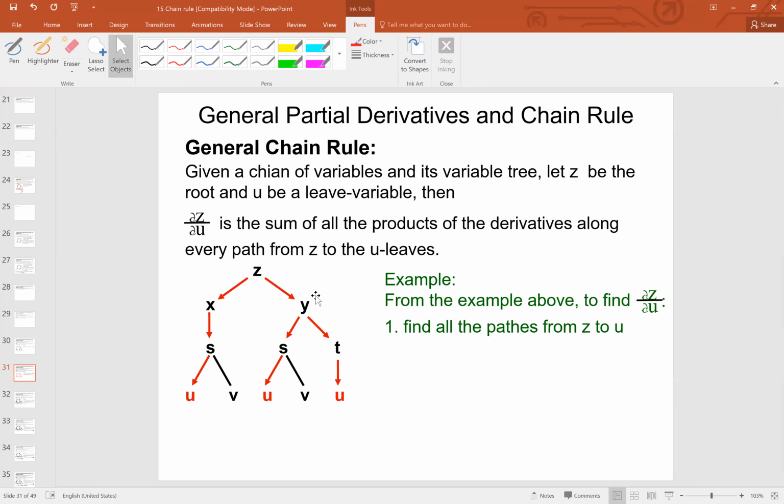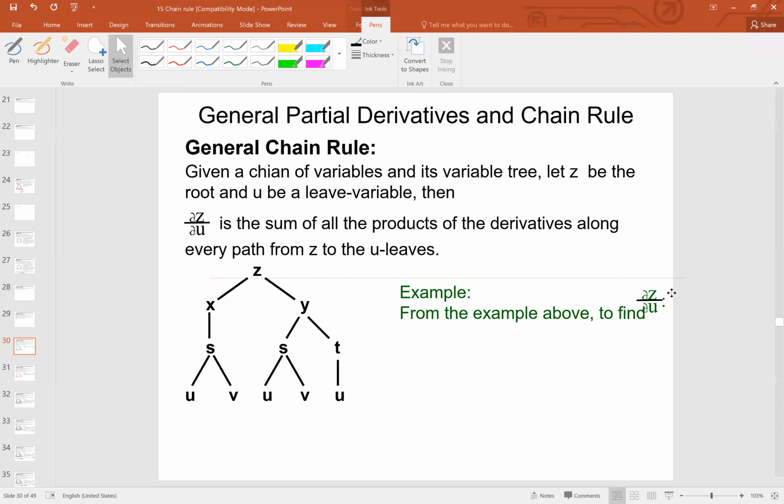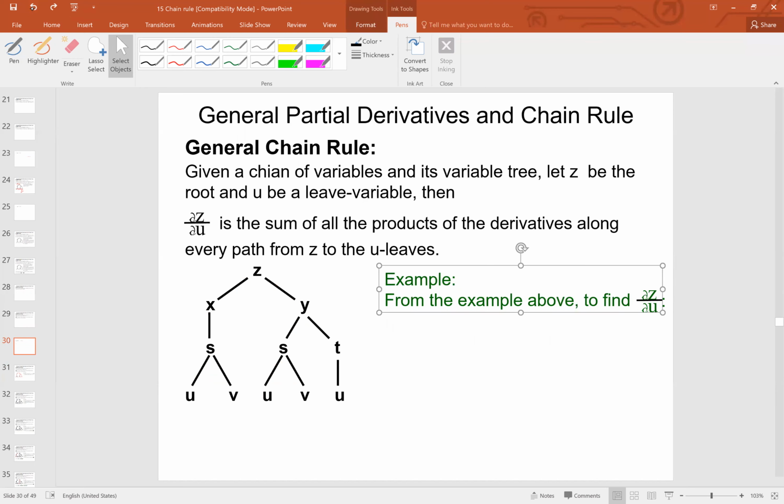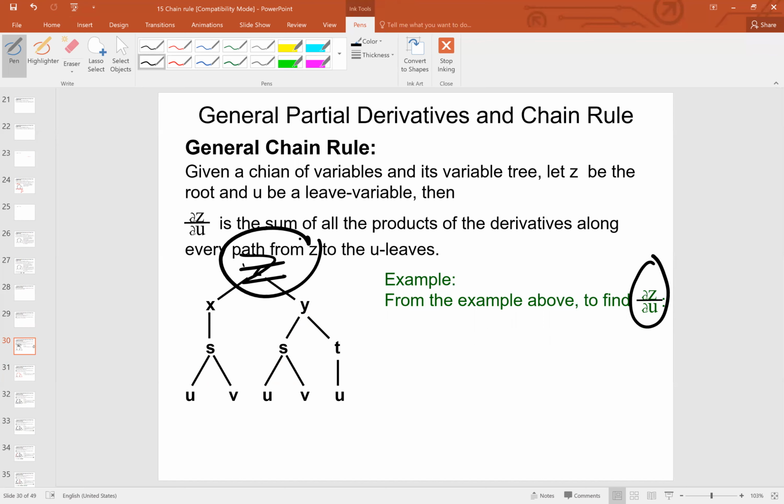Now, if I want to take the derivative of this formula with respect to u, so this is a tree. I want to take the partial of z, the root, with respect to the leaf u. And here are the three u's.